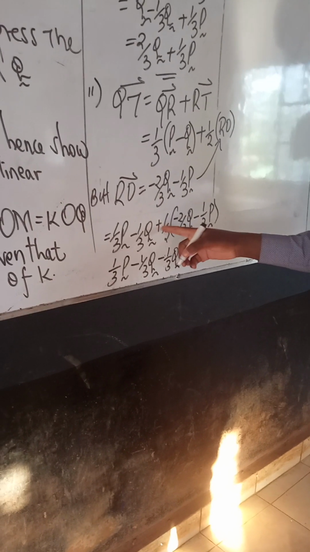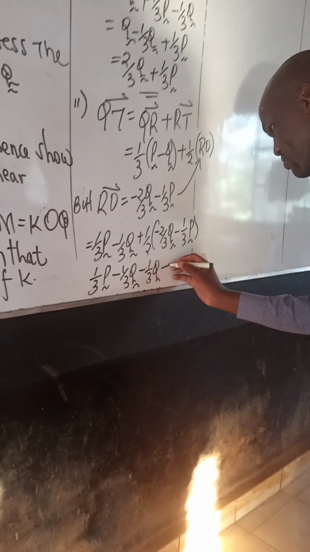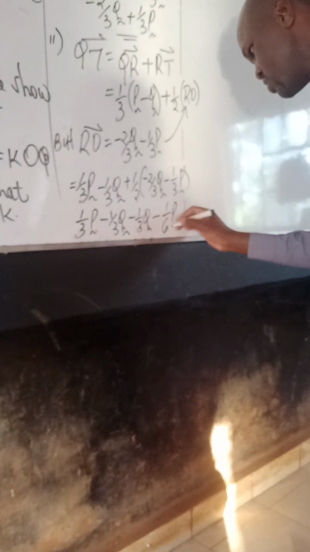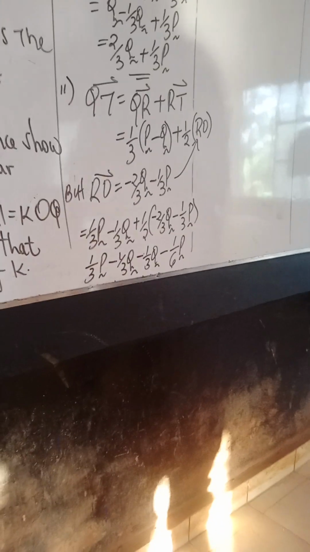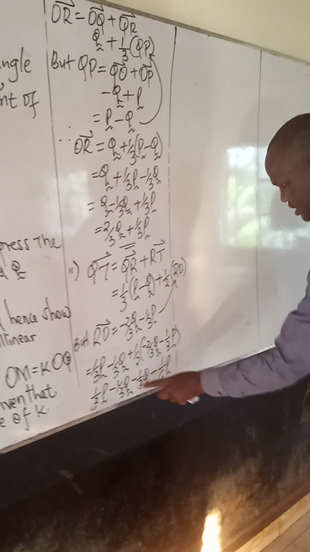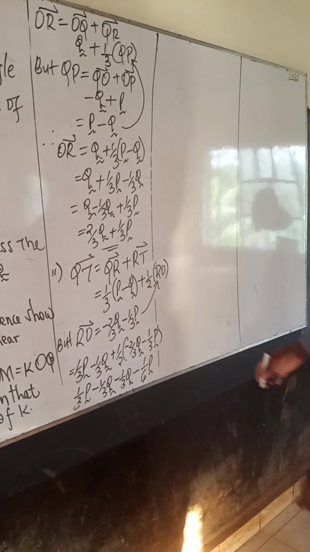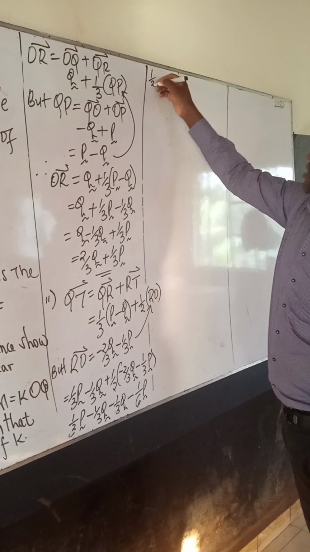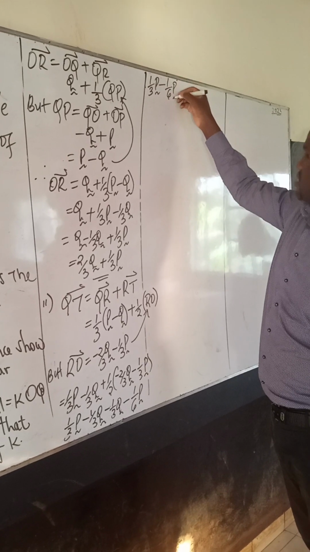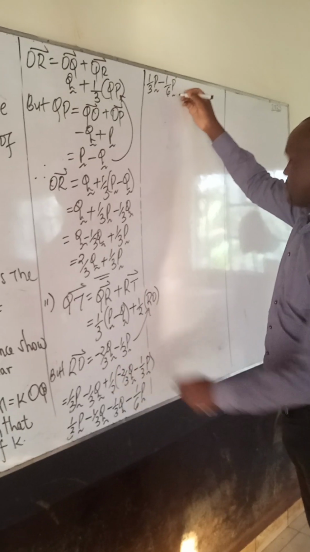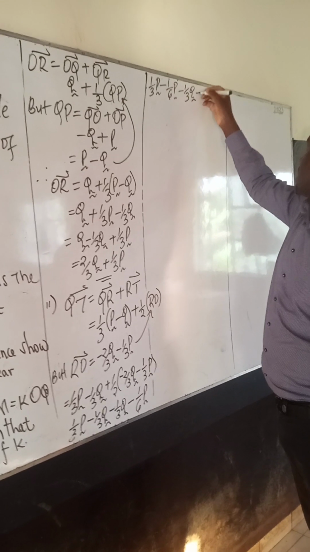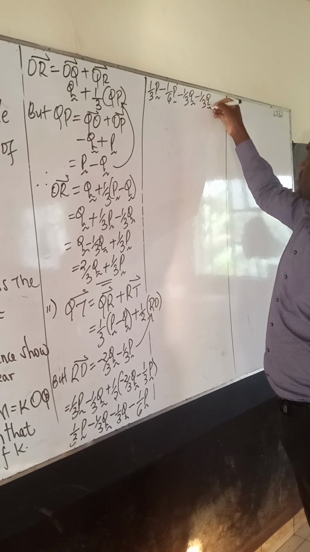Then this positive times a negative will also be minus 1 over 6 of P. So like terms together, P and P, and the Q's together: a third P minus 1 over 6 P, and then minus 1 over 3 Q minus 1 over 3 Q.